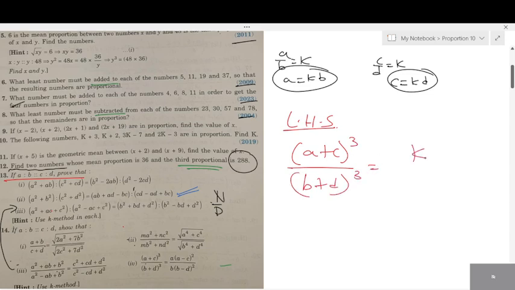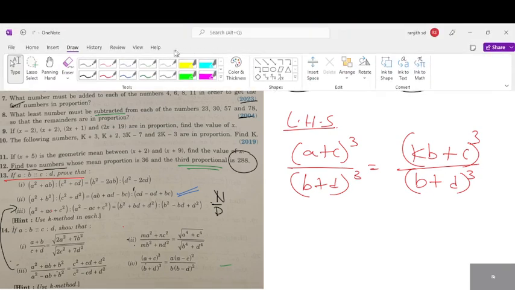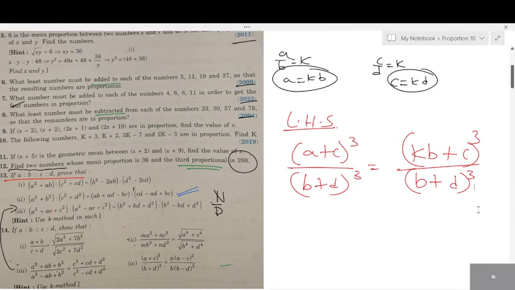The a value is kb, I'll write kb plus c the whole cube divided by... what is the value? Okay, b and d don't have anything. b plus d whole cube. I should have taken the c value. The c value is also given.